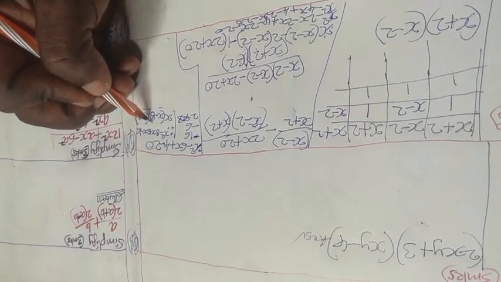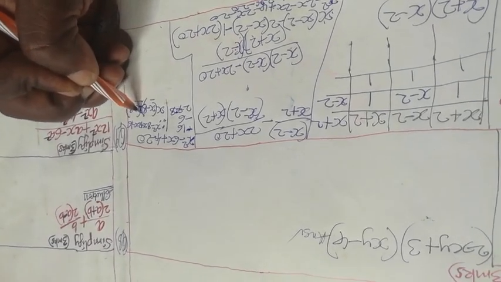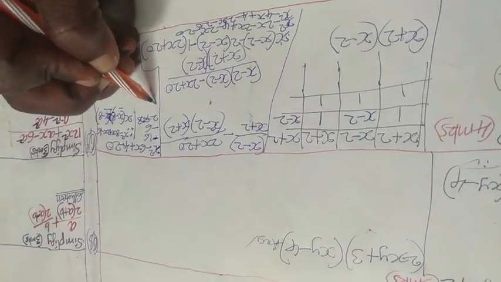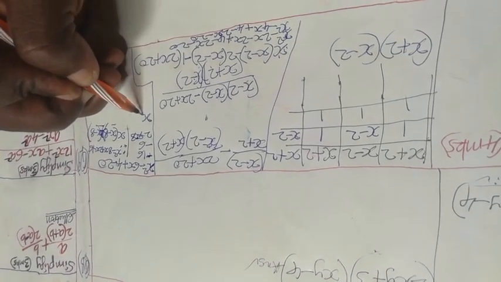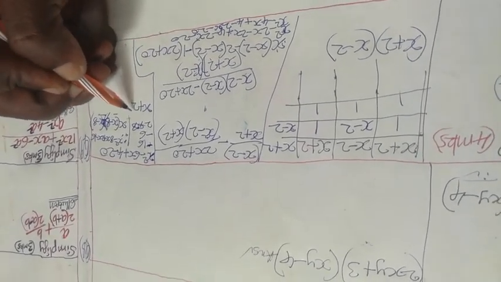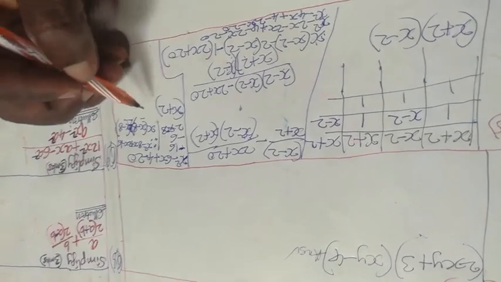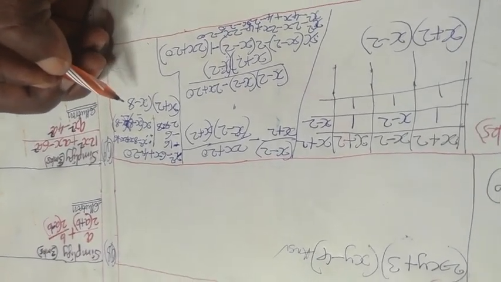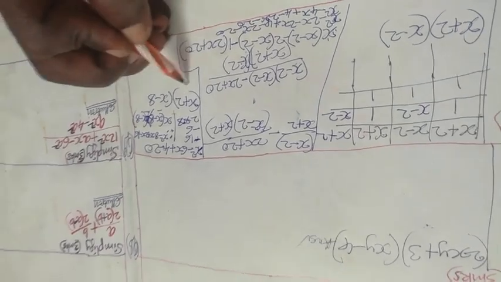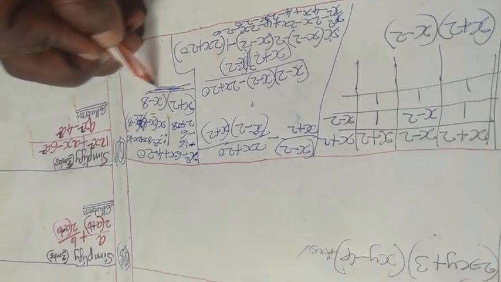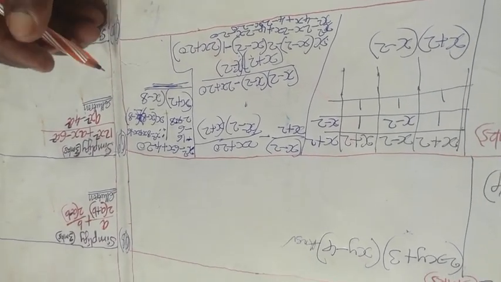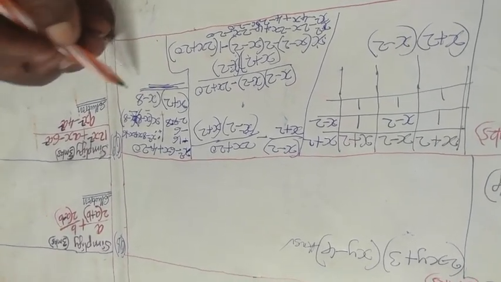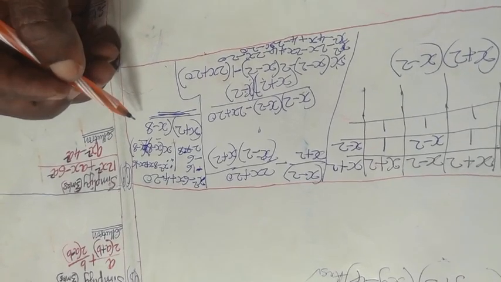Then we say x plus 2 into brackets x minus 8. And this is our final answer.